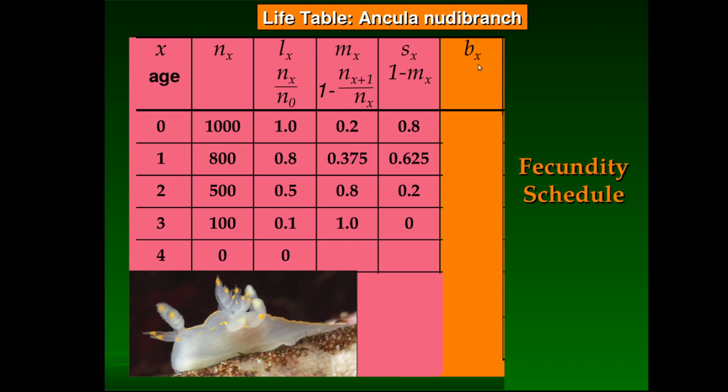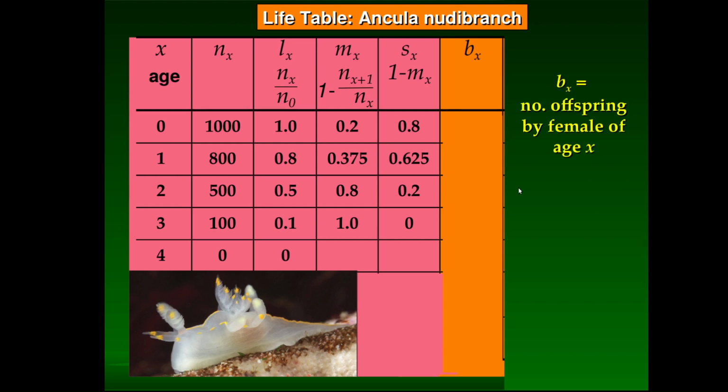This is denoted by b of x. The b stands for births. So b of x is the number of offspring on average produced per surviving female at age x. Okay, so here are those numbers, 0, 50, 40, and 5, and 0.